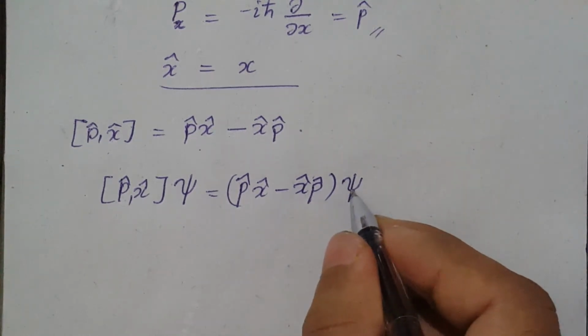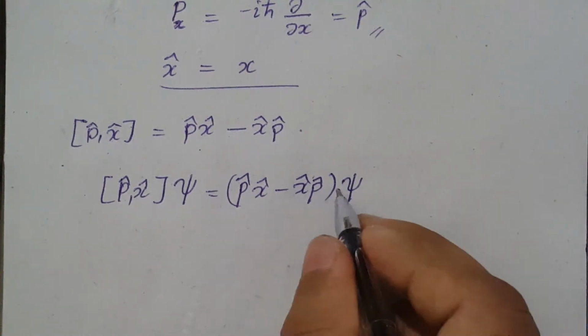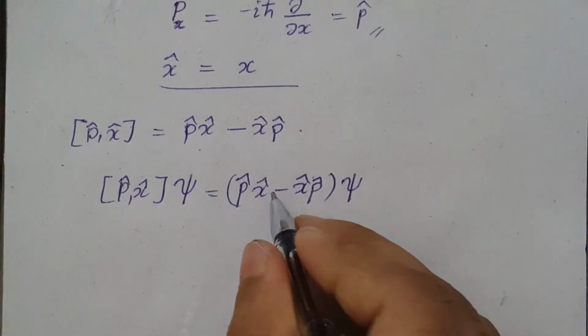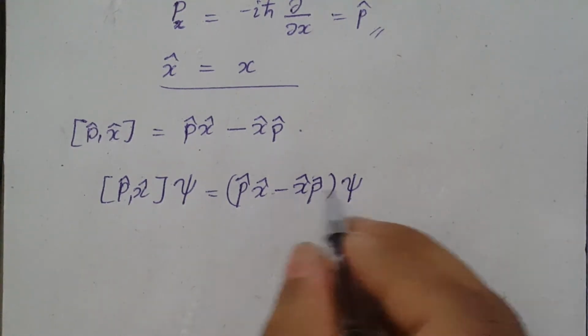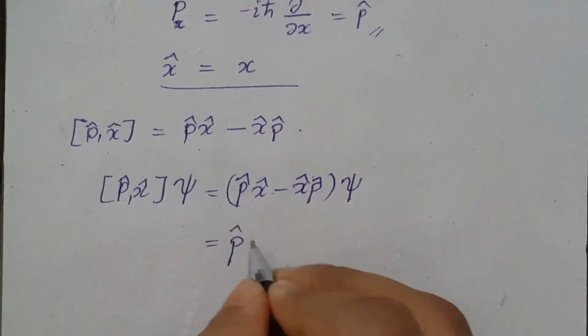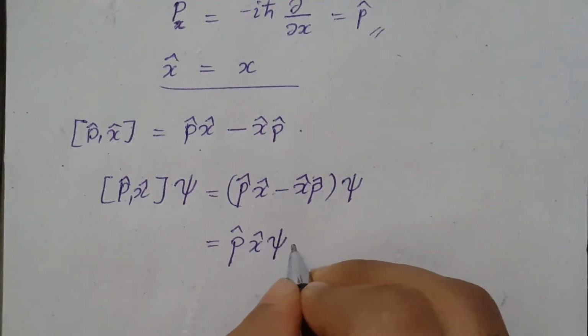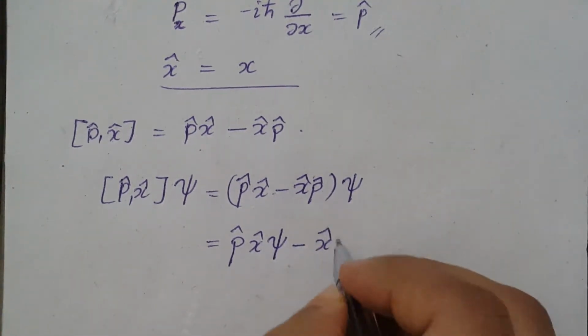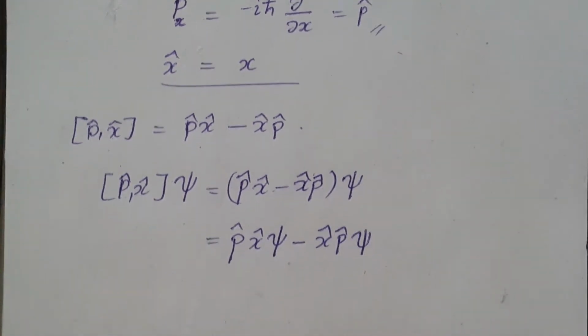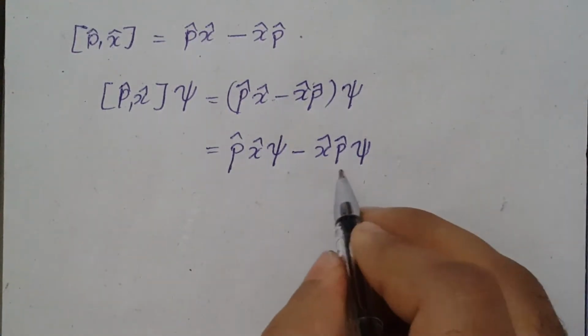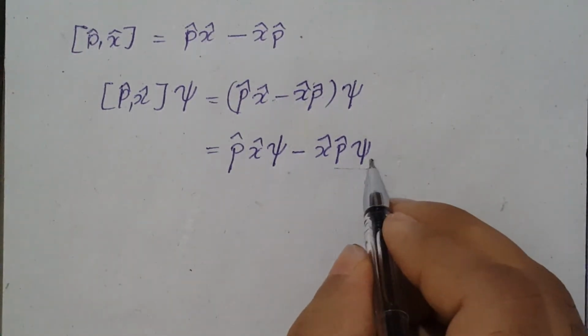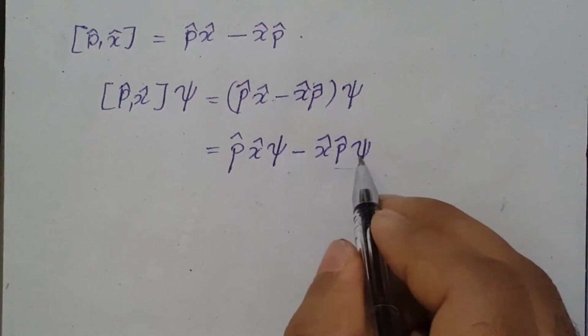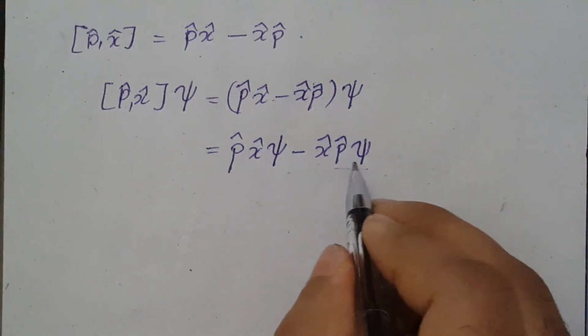Now we can take psi inside and keep it near p and near x cap. This will be distributed to each term, so we have p cap x cap psi minus x cap p cap psi. In the first term, x cap will act on psi, and then p cap will act on that result. In the second term, p cap will act on psi, and x cap will act on that.